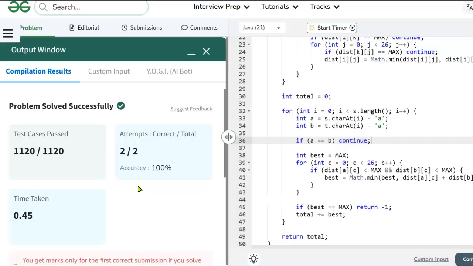Okay, let's see. So again, the core algorithm here is called Floyd Warshall. It's an all pairs shortest path algorithm, which is really what we want here. We want the distance from each letter to every other letter.